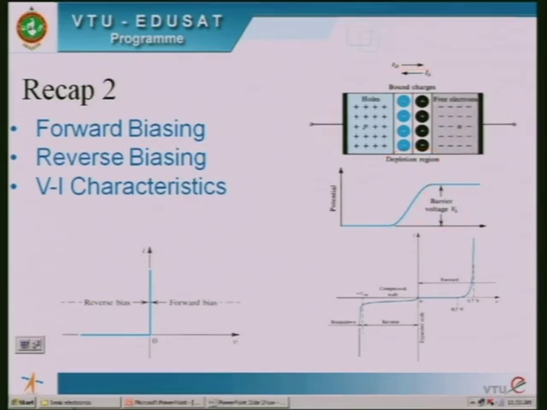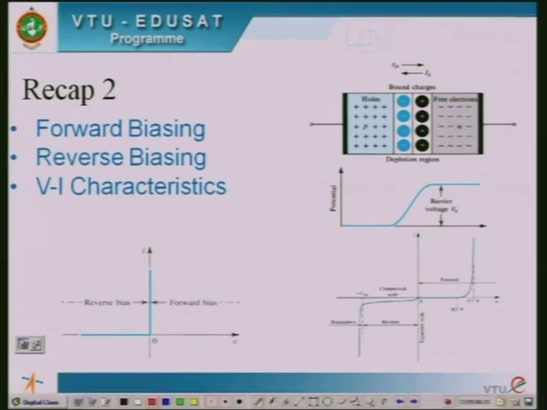And also we discussed the reverse biasing. In reverse biasing, the anode is connected to the negative terminal of the battery, whereas the cathode is connected to the positive terminal of the battery. The holes from the P region will be attracted to the negative terminal.